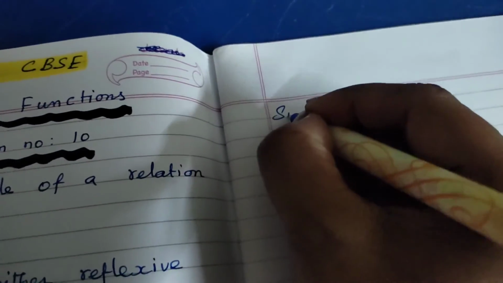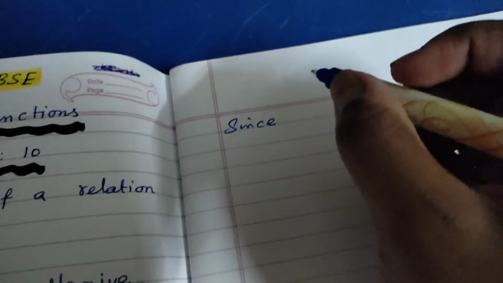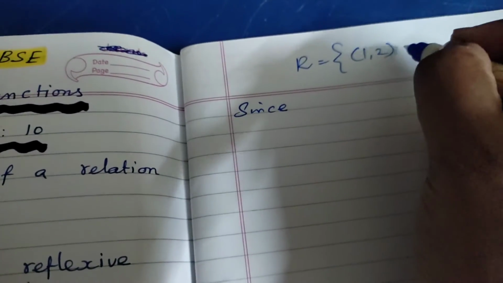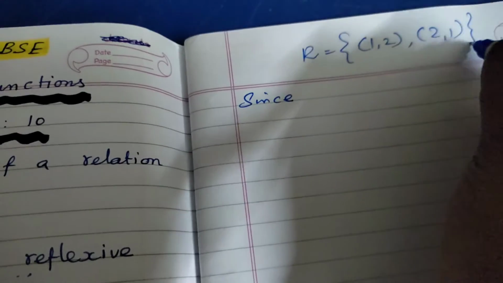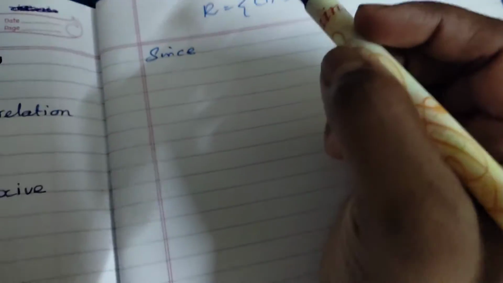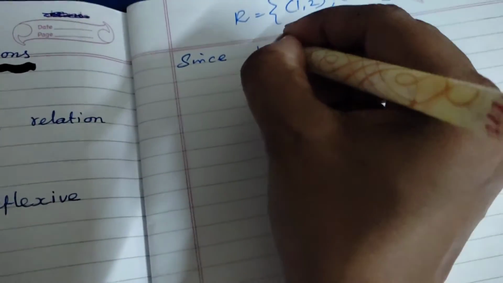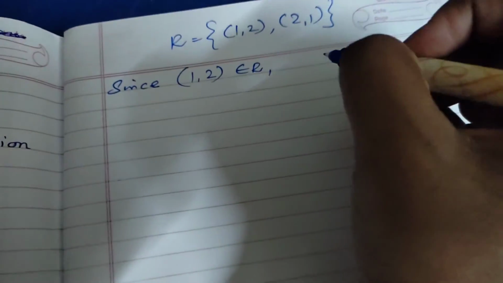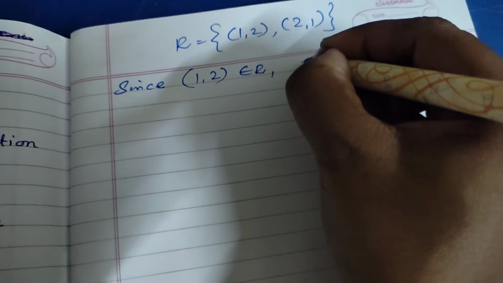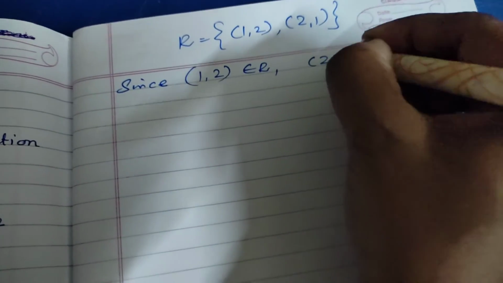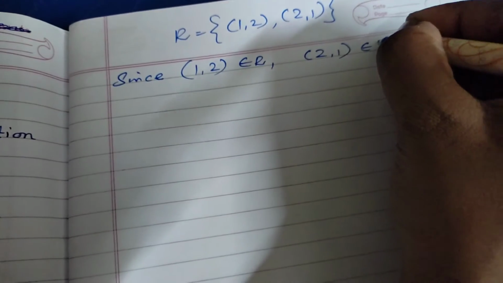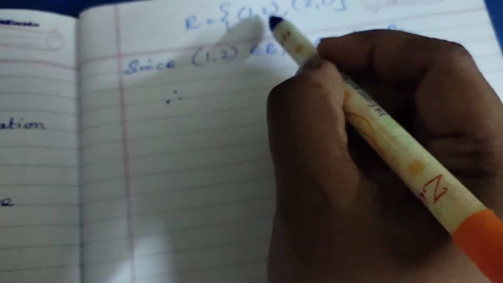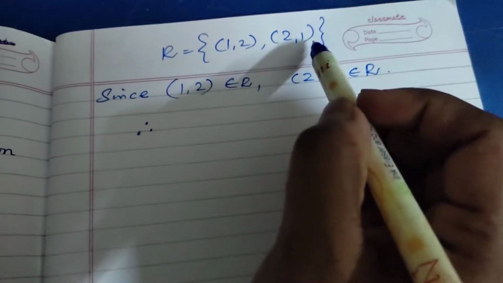Since we have the relation R equal to {(1, 2), (2, 1)}, this is the relation we have. Since (1, 2) belongs to R, that implies (2, 1) belongs to R. Therefore, here we have (1, 2) and (2, 1).